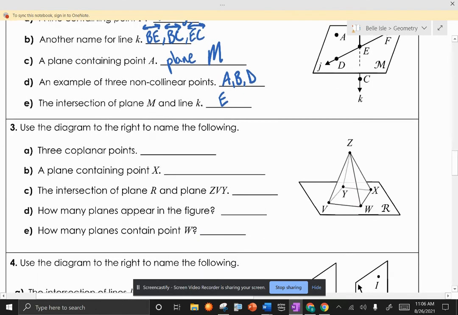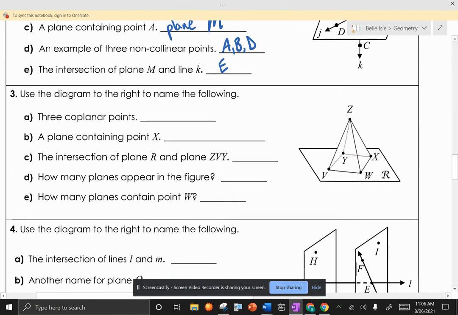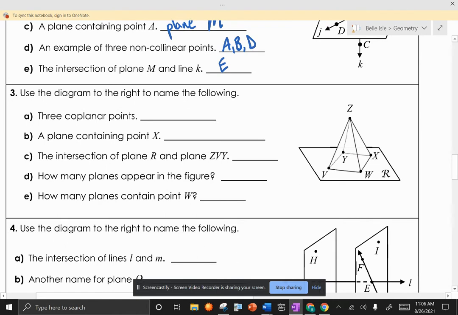Okay, so let's go to 3. Now use the diagram to name the following. Please do this one on your own.